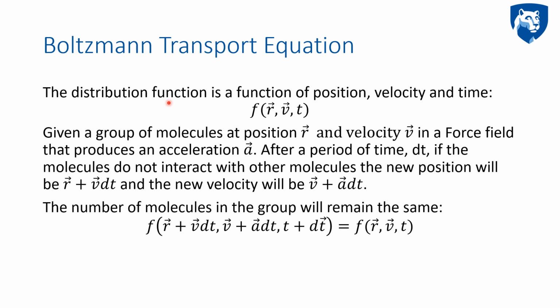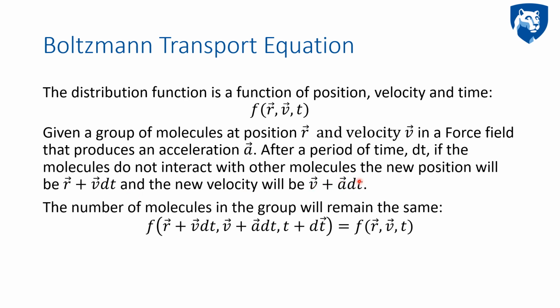So let's say a group of molecules at position r and a velocity v are in a force field that has an acceleration of a. After a period of time dt, and given that the molecules do not interact with each other, these molecules will move to a new position, which will just be equal to the old position plus v dt, and they will all have a new velocity, which will be given by v plus a dt.